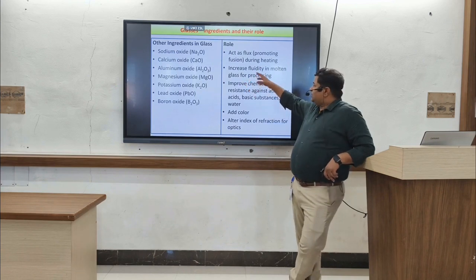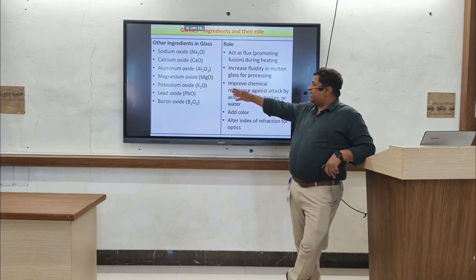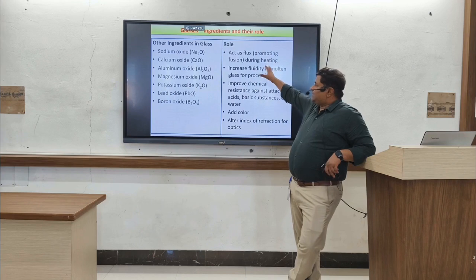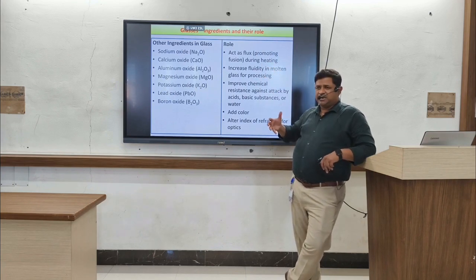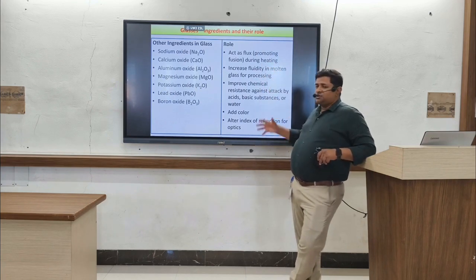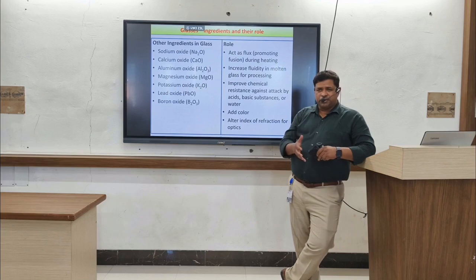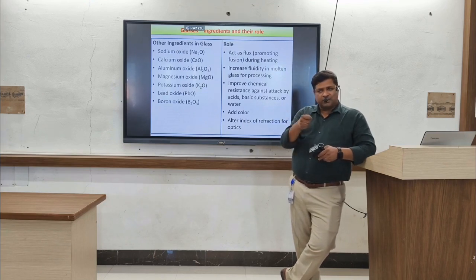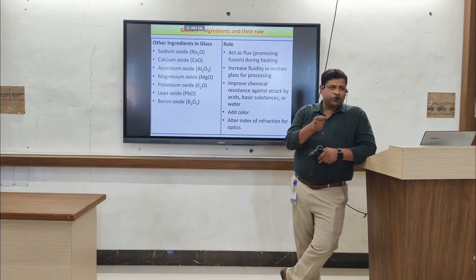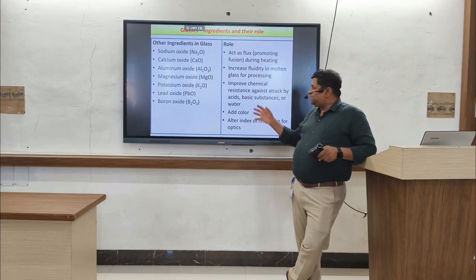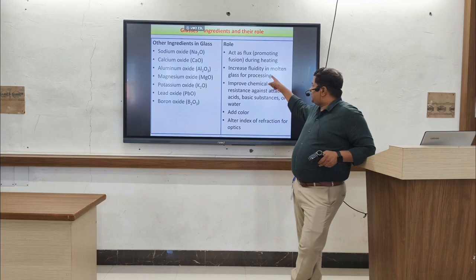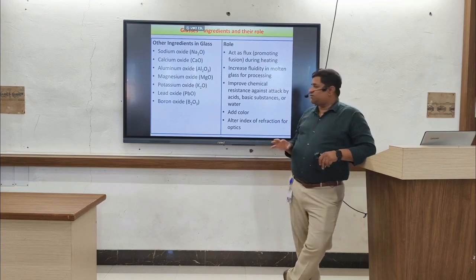So these ingredients are added so that they will act as a fusing material or flux material, binding material. They will also act to increase the fluidity of the material. That's why you will find the different shapes, different molds are there. Every cavity of that particular mold should be filled by the glass so that it will have the different shapes. So for that purpose, fluidity of the glass is required.